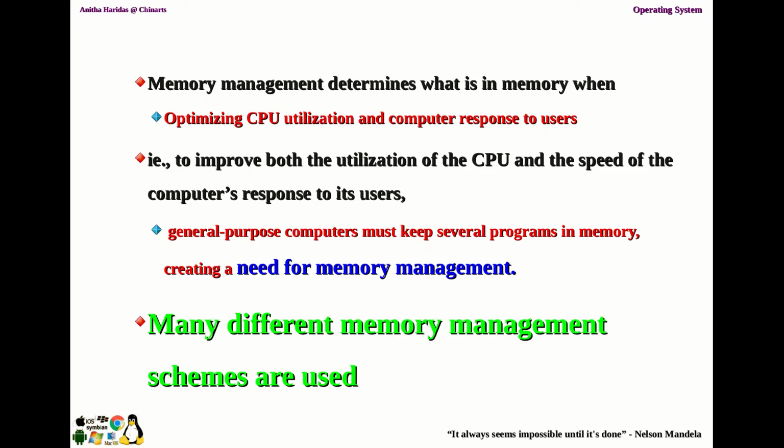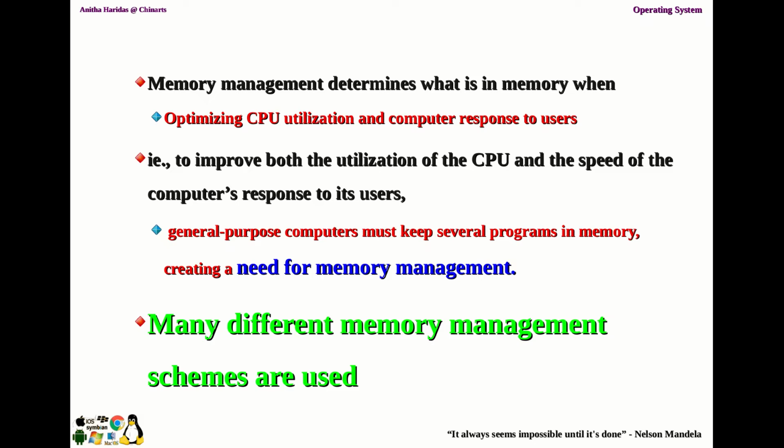That means the CPU should not be idle, or CPU time or CPU cycles should not be wasted. So we have to improve the utilization of the CPU. If you want to improve the utilization of the CPU, what you have to do? You have to keep more than one program in the primary memory.